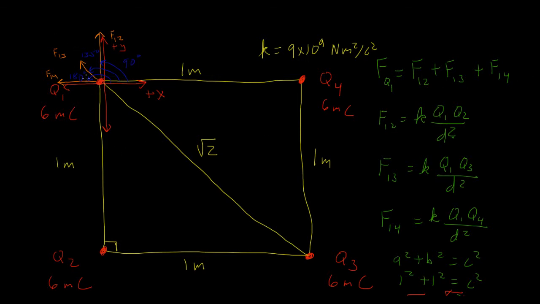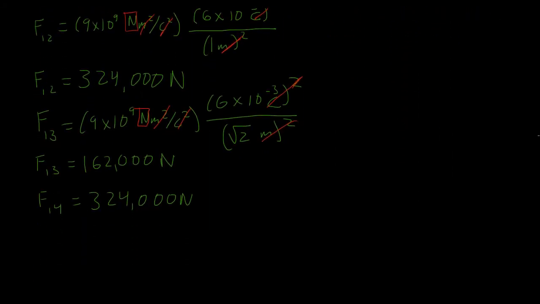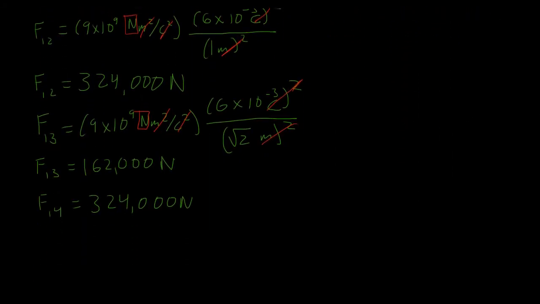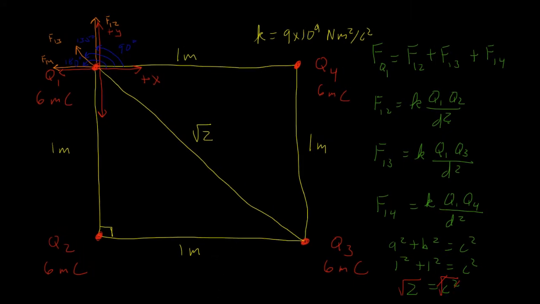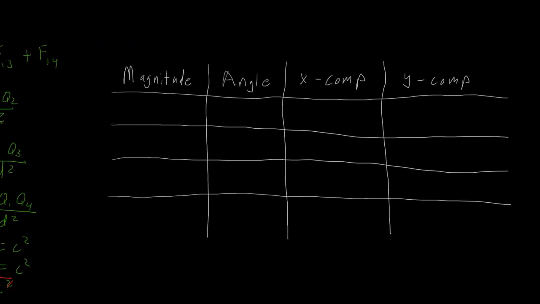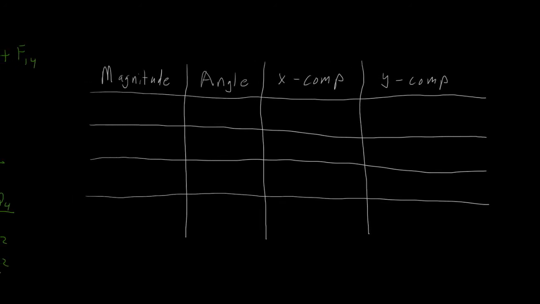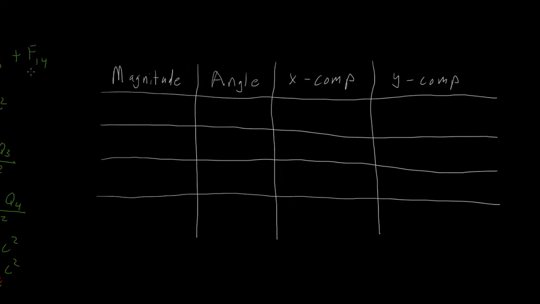So now that we know our directions and we know our magnitudes, since these are vectors and we need to add them, I like to use a chart. So I've already drawn the chart here, and we just need to fill in the numbers. So I'm going to label these here the force between 1 and 2, the force between 1 and 3, and the force between 1 and 4.